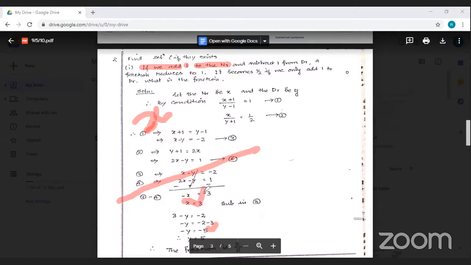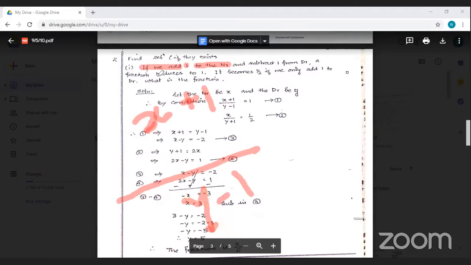Any doubt? If we add 1 to the numerator and subtract 1 from the denominator, any doubt here?